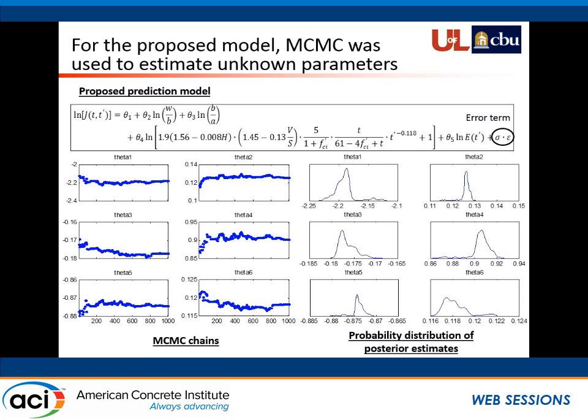We use the Geweke convergence criteria, which compares the first 10% of the data points and the last 50%, comparing the mean value. If the difference is less than 5%, the analysis is terminated. This is the series of values of those parameters, with theta 6 basically being the sigma, and these are the PDFs of those parameters.